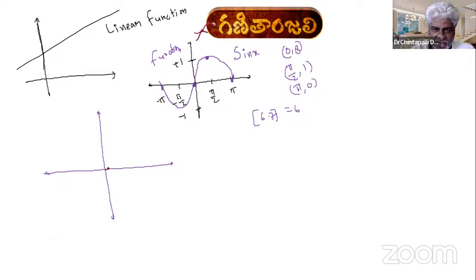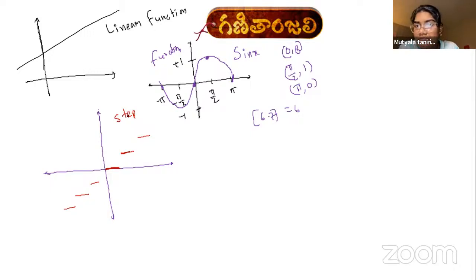If you draw the graph for that function, the graph is like this. This is the graph of the step function. Got the reason?